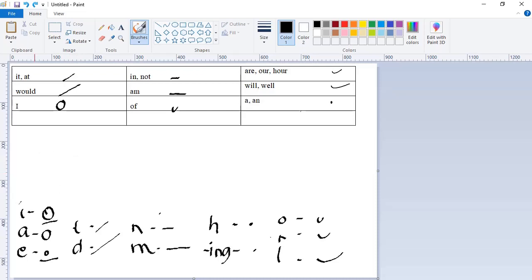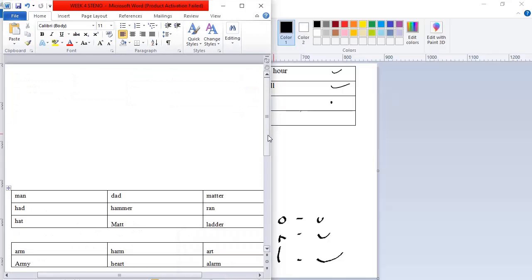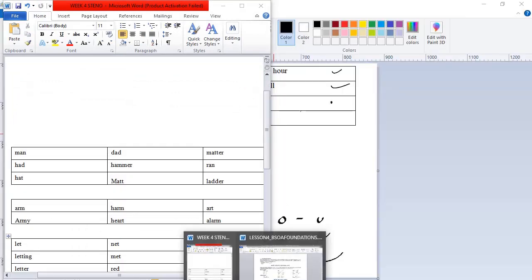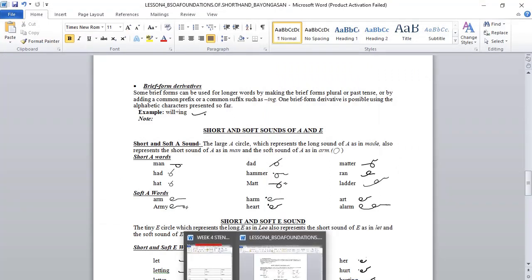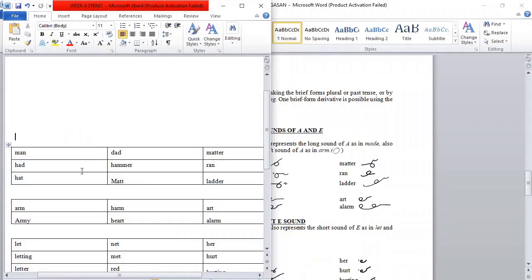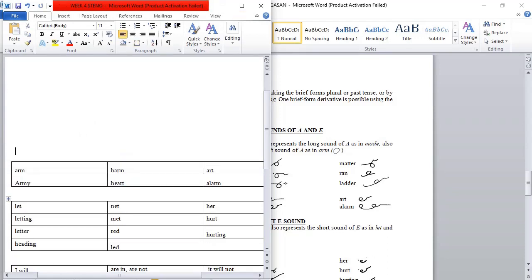Ayan. Next, we have, ano yung nandun sa inyong module? We have the short and soft sound of A and E. So, for the soft A sound, wala naman po tayong magiging problema dito kasi this is the same with yung inyong A sound.